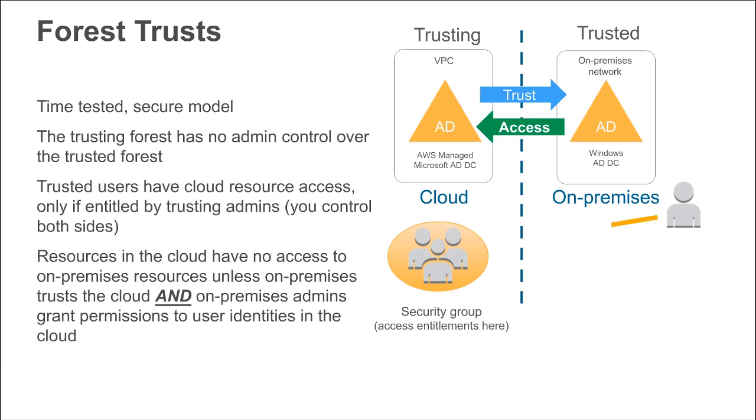And then in your on-premises network, you would add your users from on-premises to the security group in the cloud, or better yet, you create a security group in your on-premises network, you add the users to that security group and add the on-premises security group to the cloud. What this model does is it allows you to manage access to the applications that are running in the cloud by simply adding and removing users to security groups in your on-premises network.